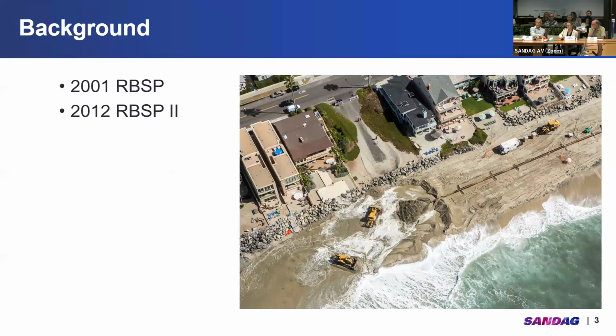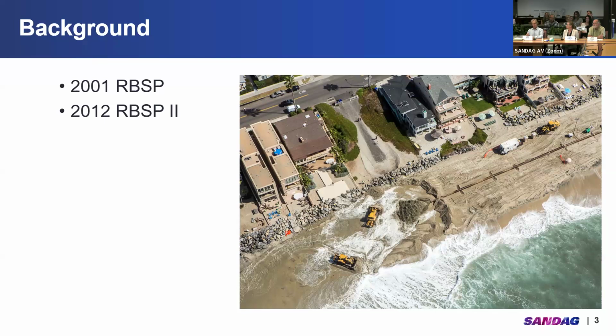Thank you, Cindy. Hello. So there has been action in the past that I know you're aware of. We've got 2 regional beach sand projects that are under the belt of SANDAG. The first one was done in 2001, and it included about 2.1 million cubic yards of sand total placed within the region, spread amongst 12 different beaches.